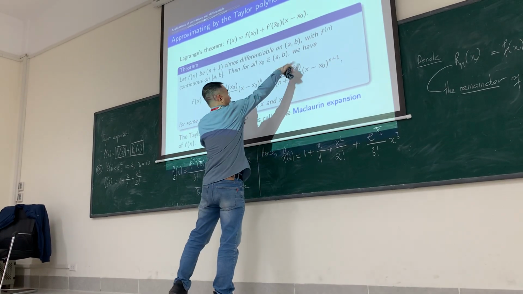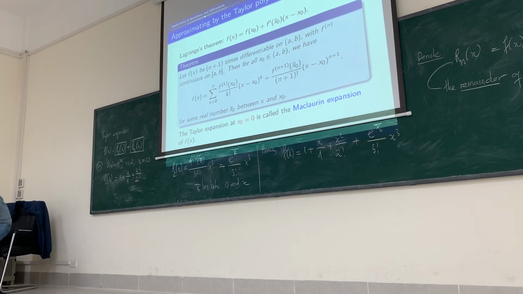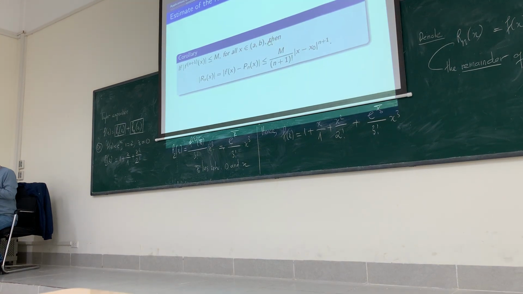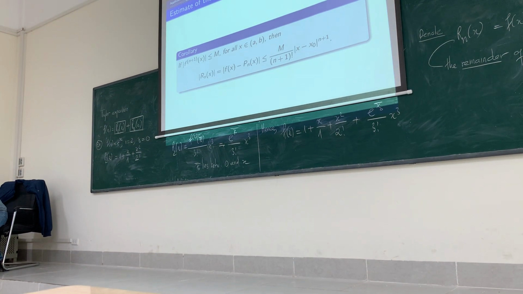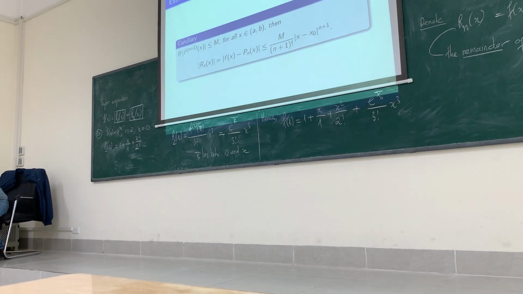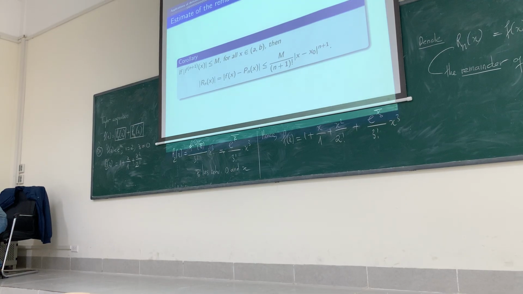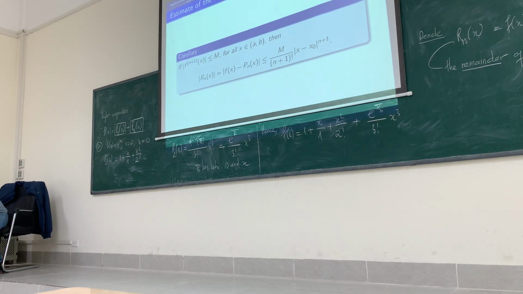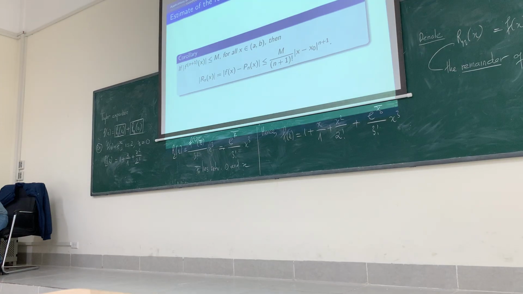Okay, based on the formula written here, we have the property. Okay, we have a corollary. If the n plus 1 derivative of f is bounded for all x belonging to the interval (a, b), then we can estimate the remainder by the following corollary.